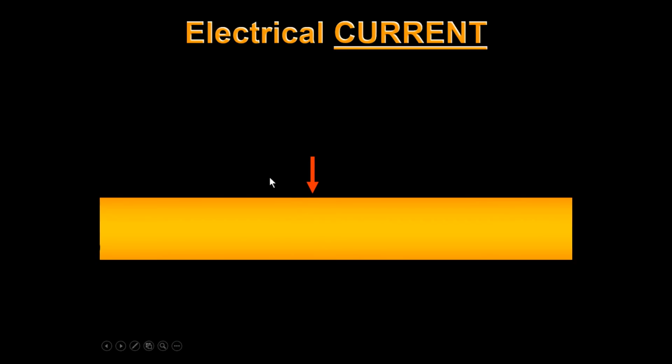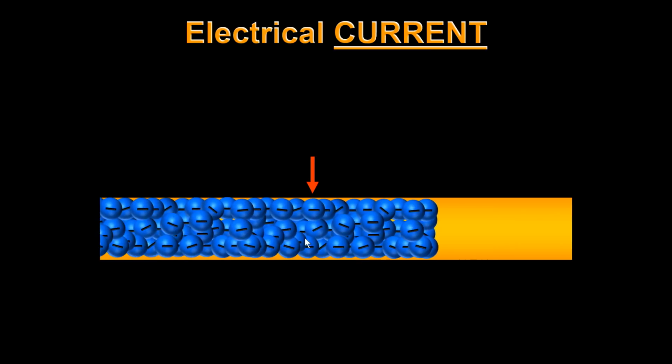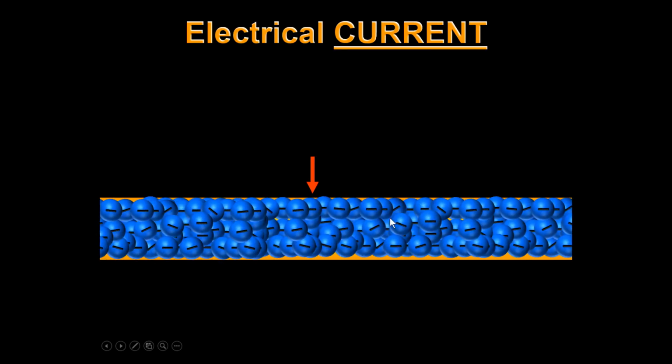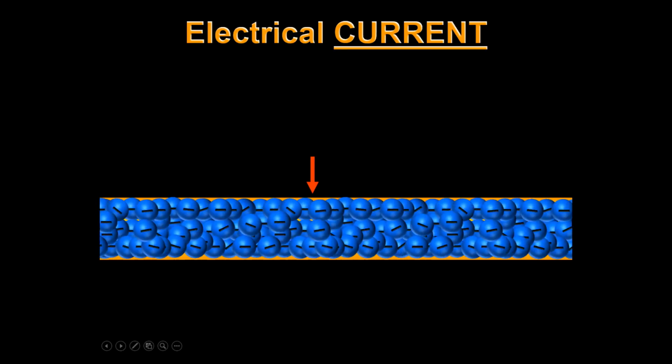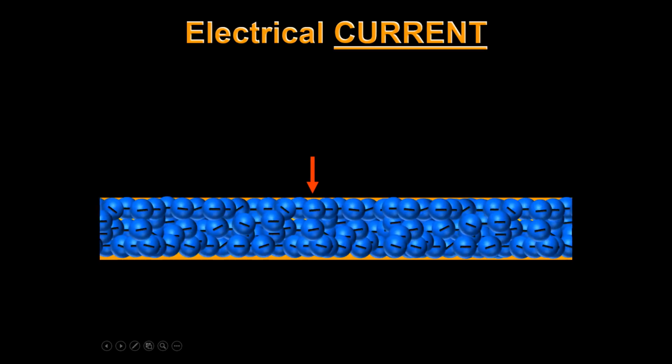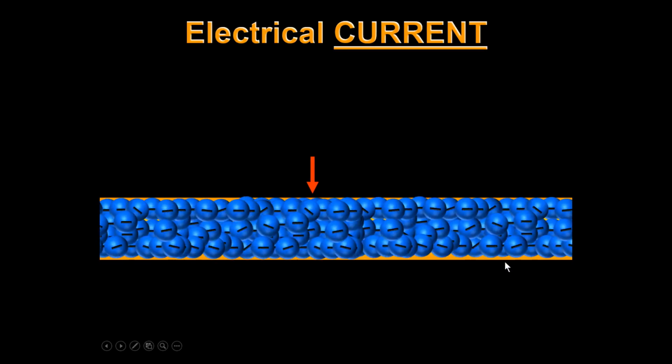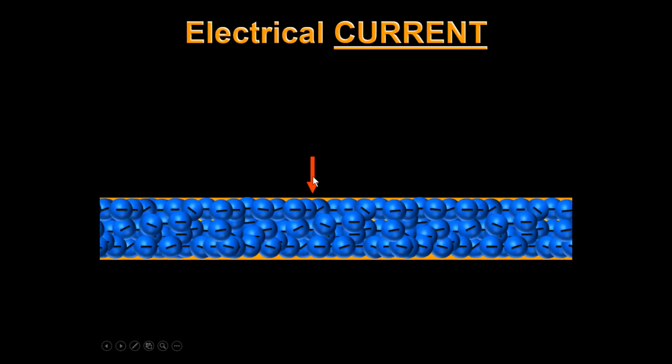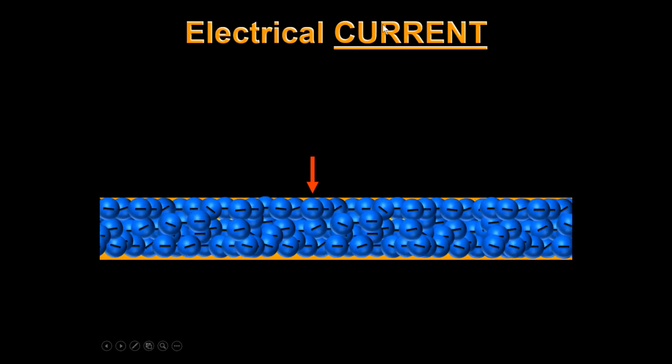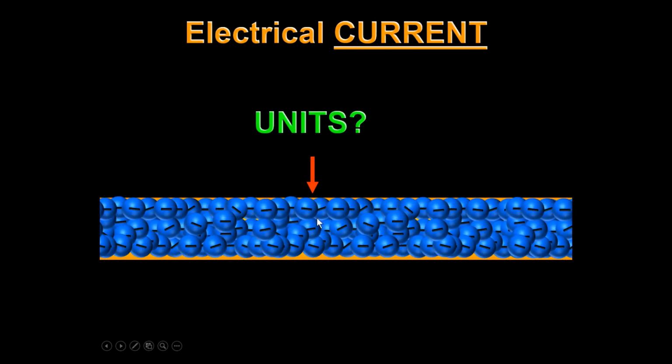So let's see if we can think of what units would be appropriate for electrical current as all these charges flow through the circuit, or flow through the wire here. We want to be able to quantify the current. Well, the units are going to be similar to what it was for water.